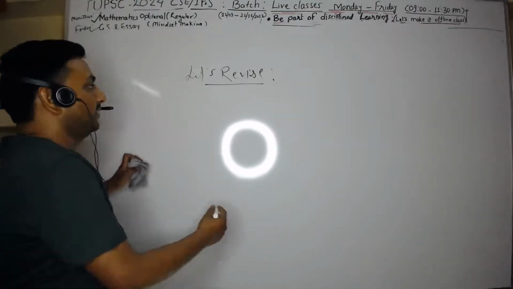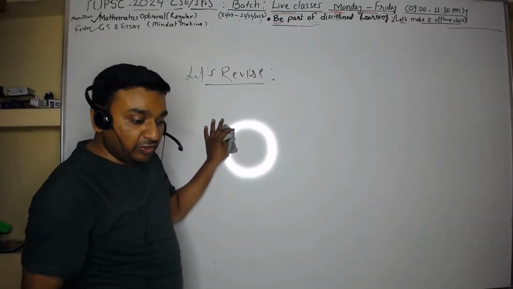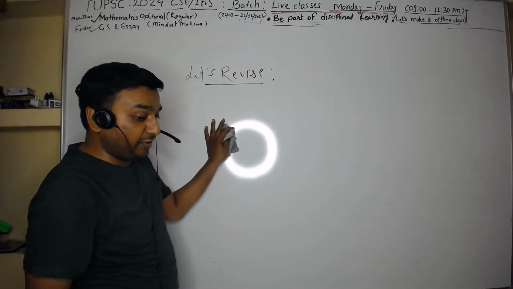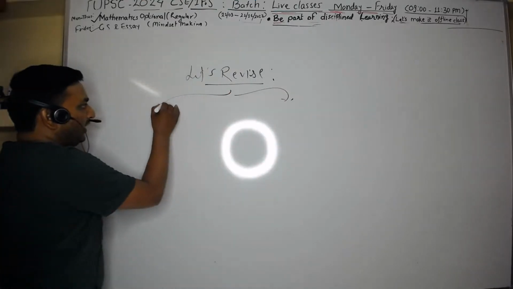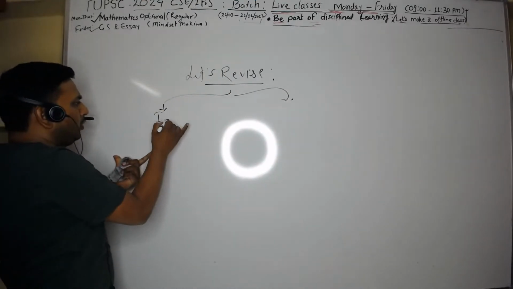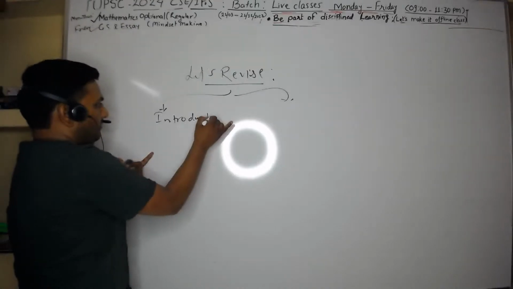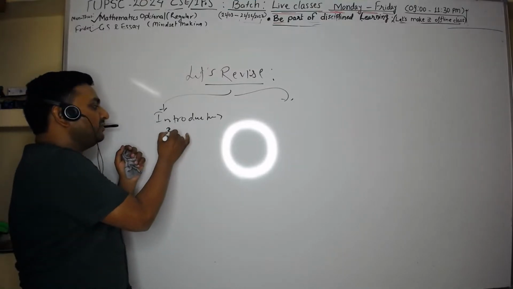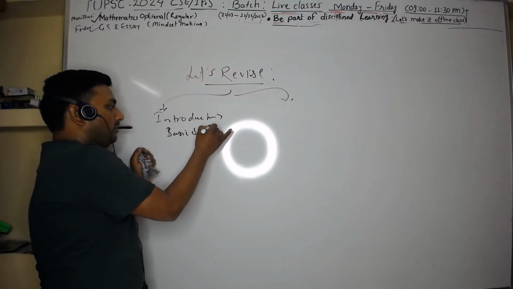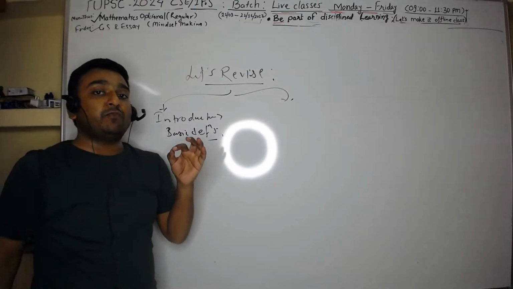ठीक है. So please be on the board. I'm gonna revise the lecture from day 1 till now. What I did is I took an introductory lecture. ठीक है. I told you basic definitions here. Basic definitions are what?